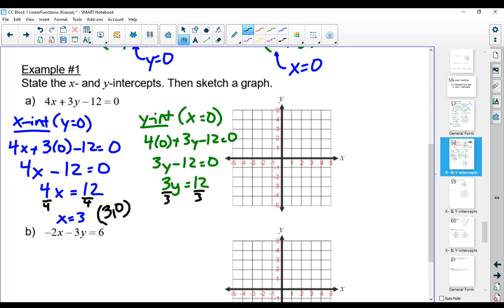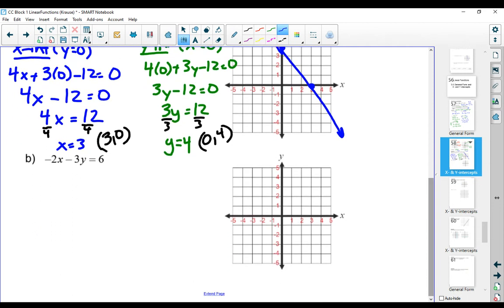Divide by 3, and y equals 4. So our coordinate will be 0, 4. Once we have those 2 points, then we can graph our equation. And so we're plotting a point at 3, 0, plotting a point at 0, 4, and ideally using a straight edge to connect that graph. Okay? Clearly I didn't use a straight edge.